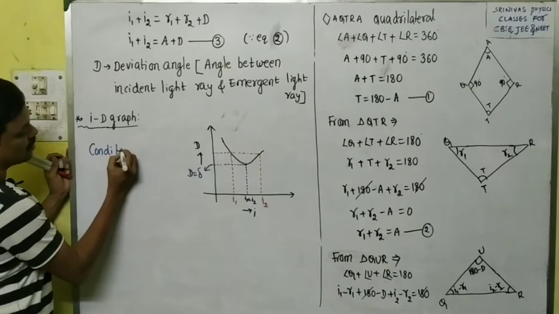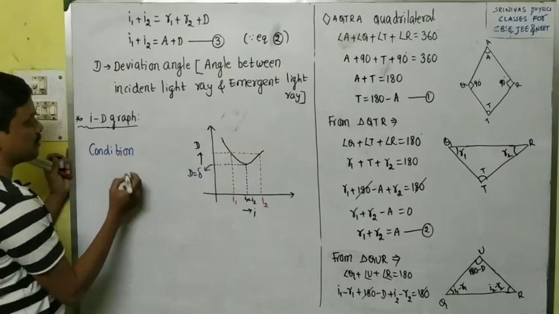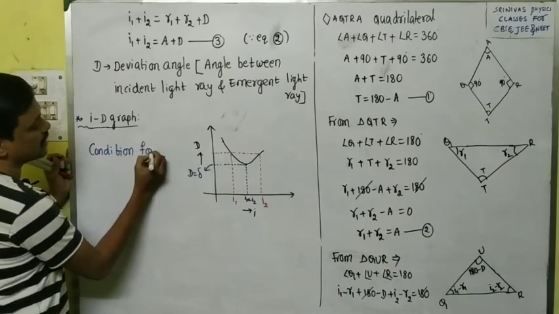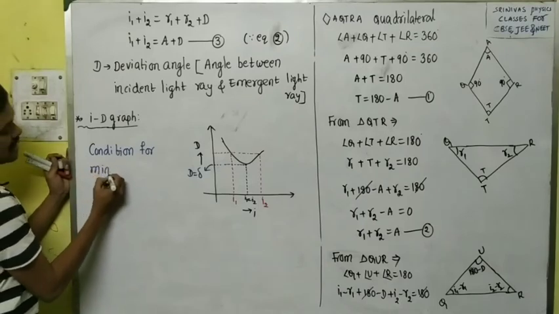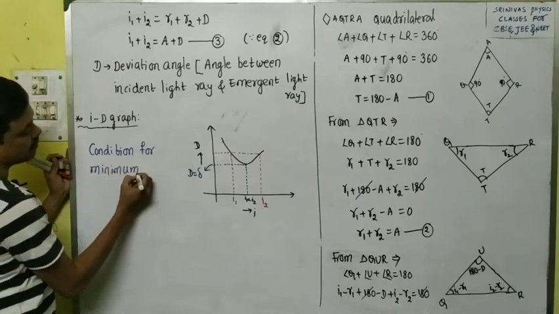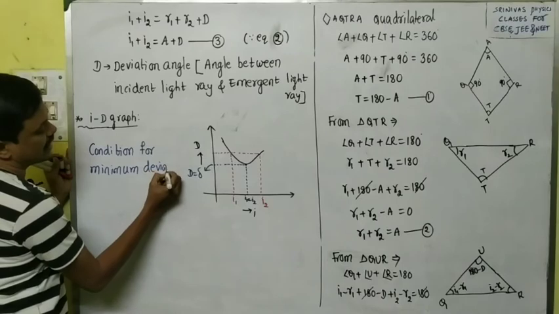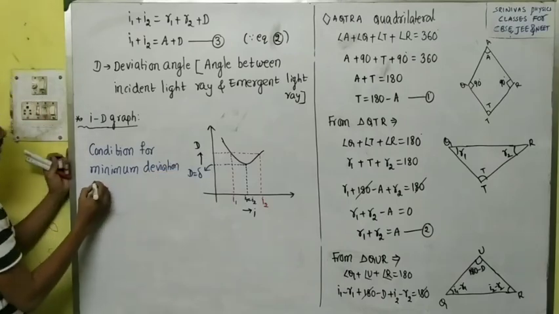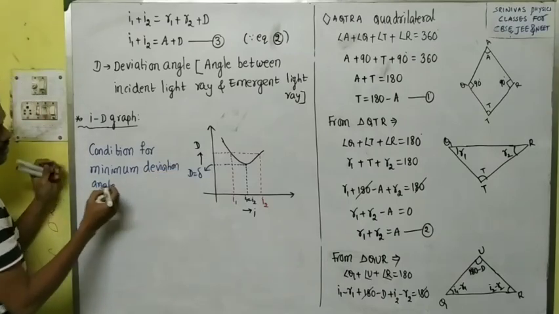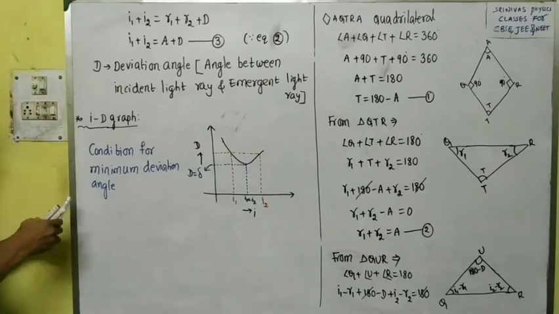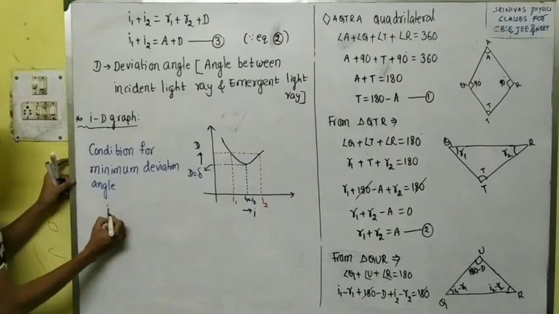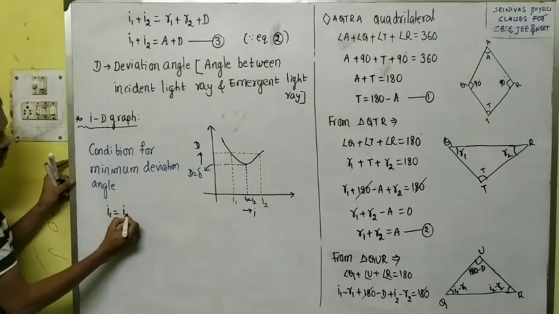Condition for minimum deviation angle. At what point is the deviation angle minimum? From the graph we write the conditions. For the minimum deviation angle, the angle of incidence is equal to the angle of emergence.